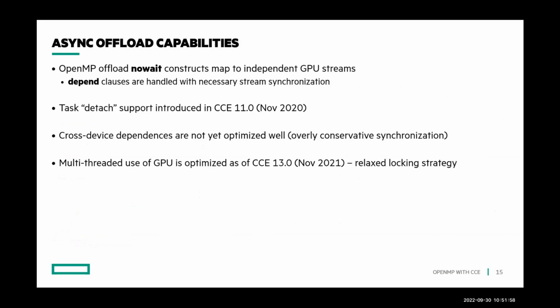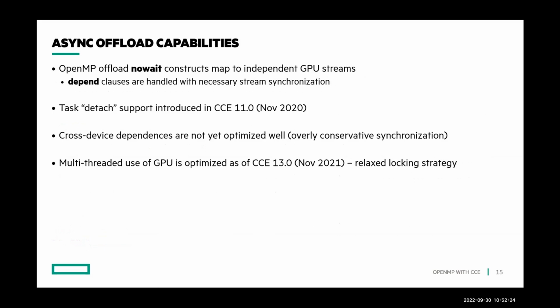Asynchronous support. We've been supporting asynchronous offload with OpenMP in a fairly optimized way for quite a while. We will map no-wait constructs to independent GPU streams. So if you just say target no-wait and you don't have any dependencies on there, we will map them to independent GPU streams so you can get concurrency that way.